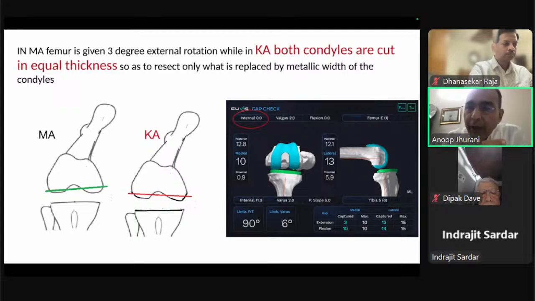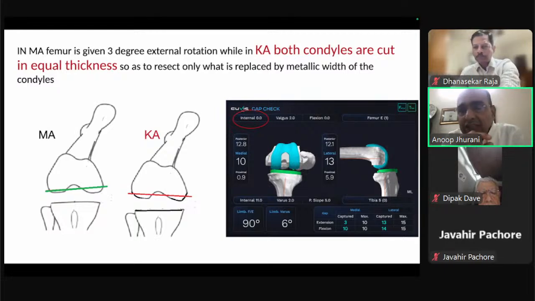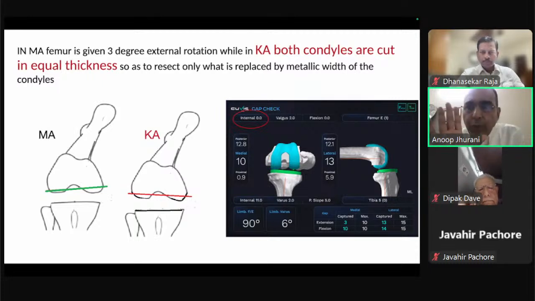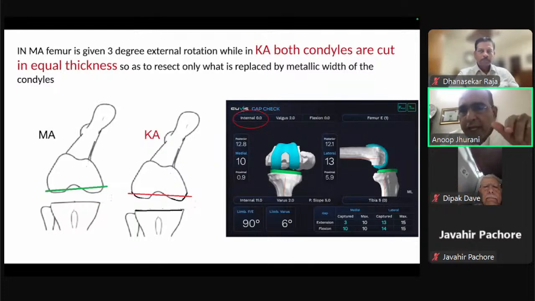Because you've given femur in valgus and your tibia is in varus, you cut equal and just resect what you are replacing. It's very simple. You cut 8 and 8 millimeters from the posterolateral and posteromedial. Even if you're not using technology, you can keep 0 degree to the PCA or 1 degree internal rotated to the PCA. Now the transepicondylar axis is of no value in kinematic alignment.